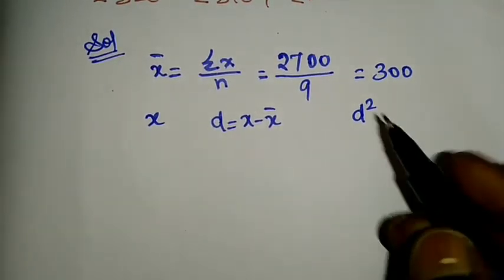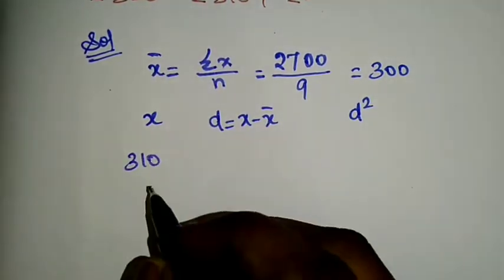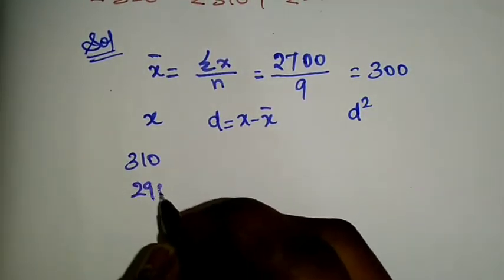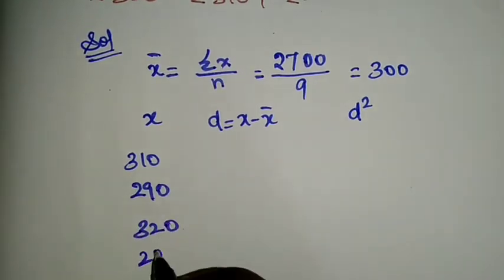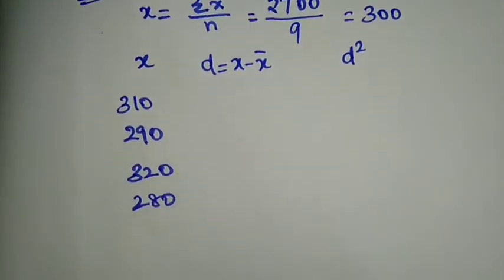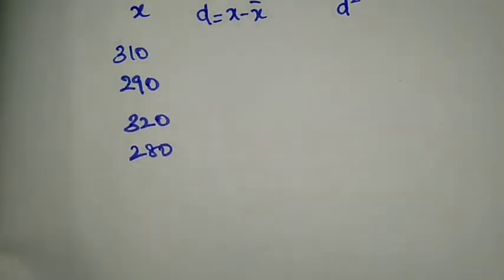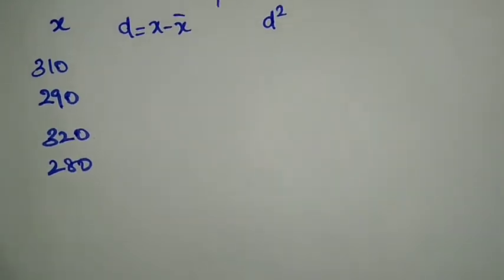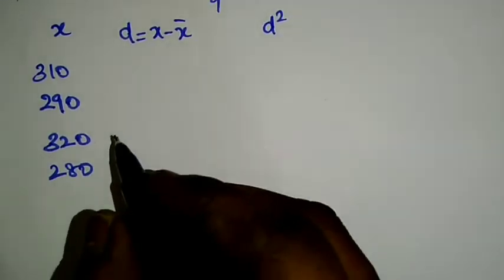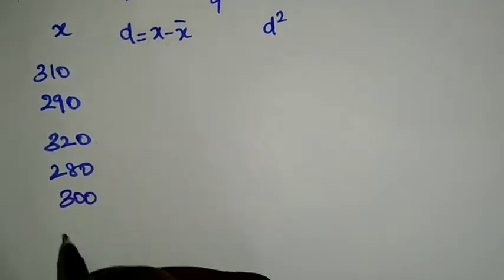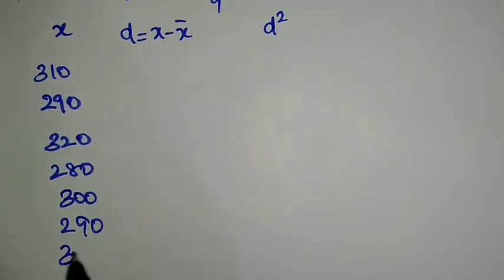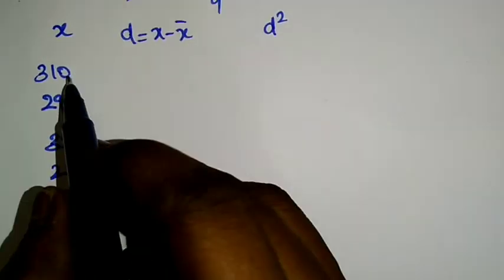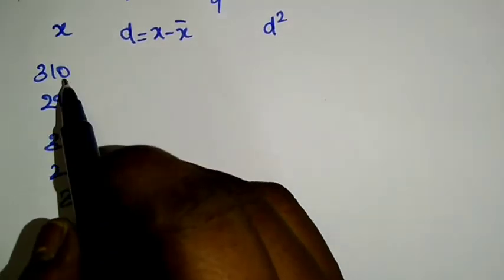The x values are 310, 290, 320, 280, 300, 290, 320, 310, 280.